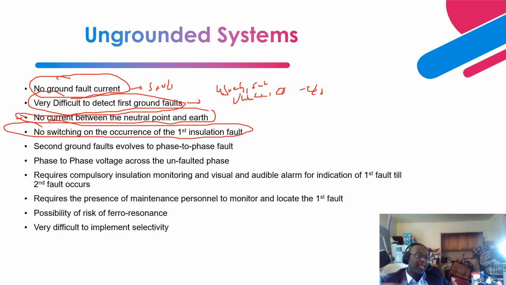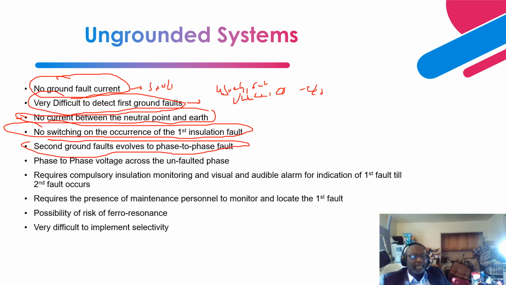Ungrounded systems are mostly utilized in industrial facility setups to allow the processes to continue. Let's say upon occurrence of the first fault, the equipment can still run until a second fault occurs. The second ground fault results in a phase-to-phase fault.